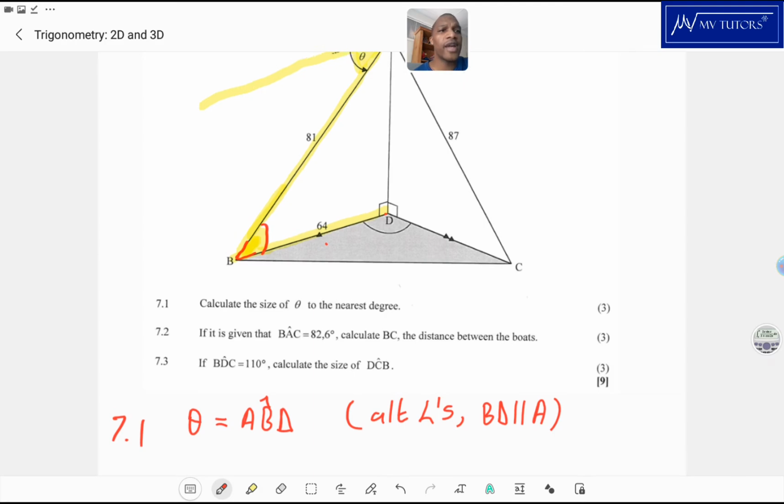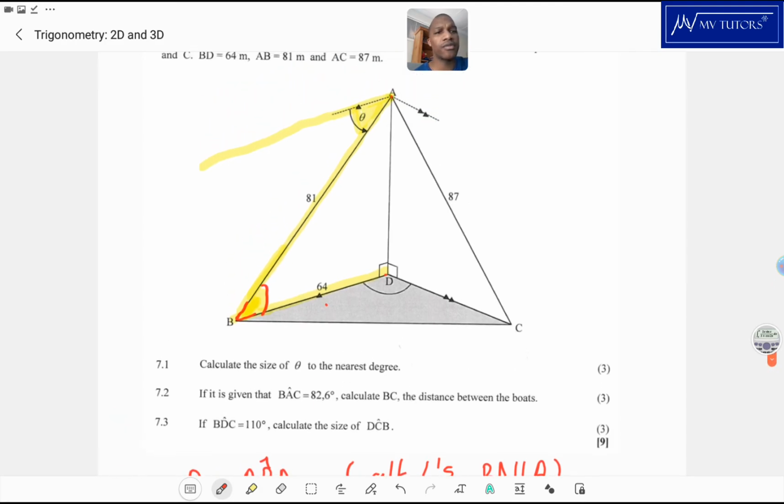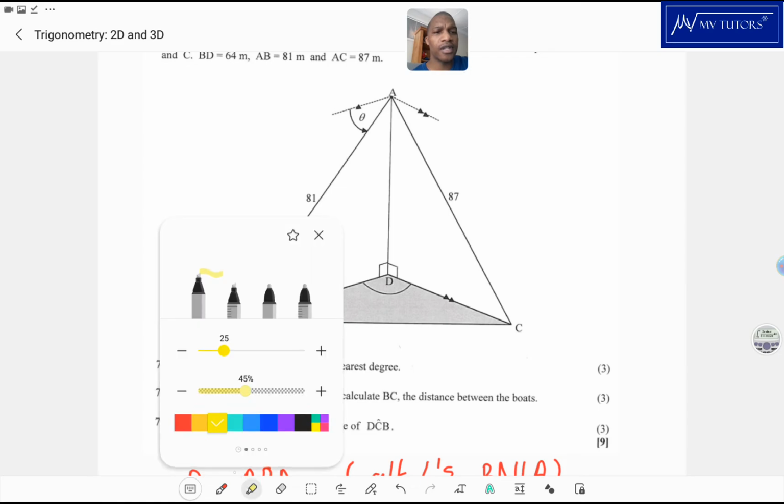Now, if this is the angle we are solving here, look at here. We have a right-angled triangle. If you look right here, let me just rub this because we don't need it anymore, and then let me highlight what we do need. Let's use a different color.